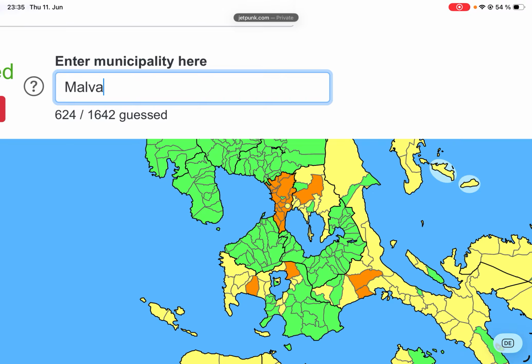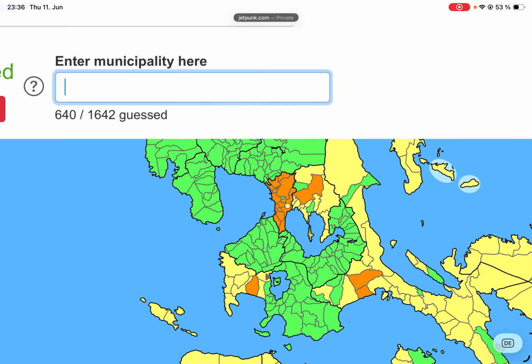We have Malvar, Mataasnakahoy, Balete, the component city of Tanauan. Or actually, I think there's also one of these 5 independent component cities, so never mind. Talisay. We have Agoncillo. Here in the south, we have Tingloy. This should be Cuenca, Alitagtag, and San Pascual.